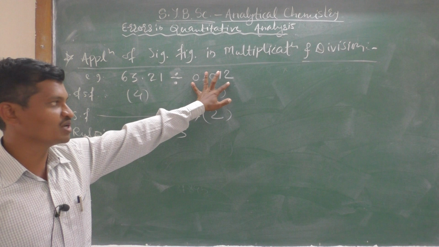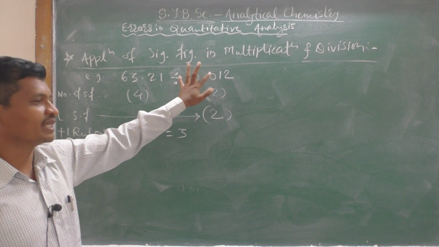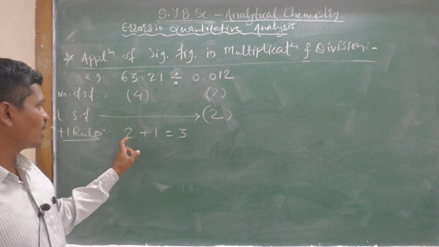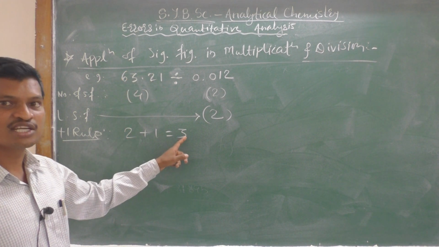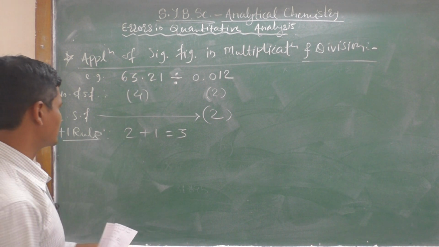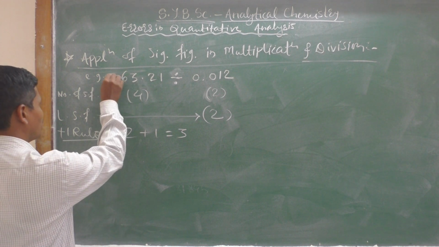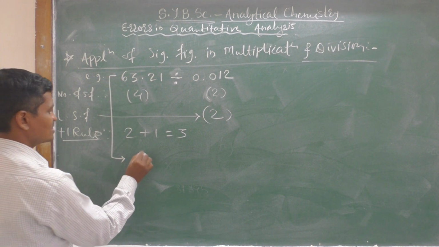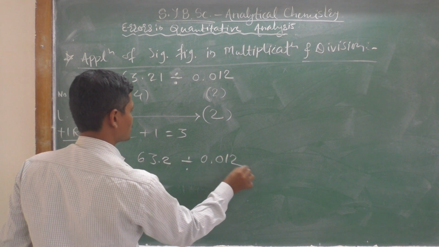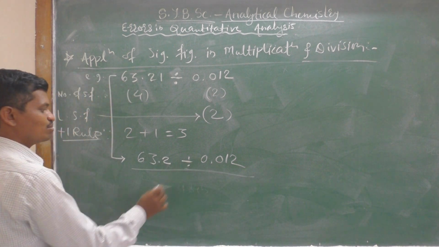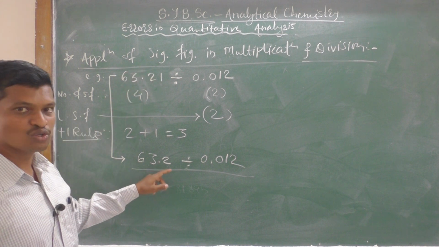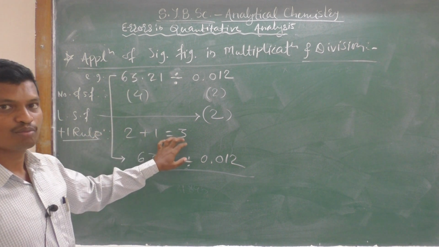The least significant figure number is 0.012 and the remaining number is 63.21, and for this number, according to the plus 1 rule, only 3 significant figures are allowed. But this number has 4 significant figures. So my numerical problem can be written as 63.2 divided by 0.012. Got it? Very simple. Why is it reduced to 63.2? According to the plus 1 rule.